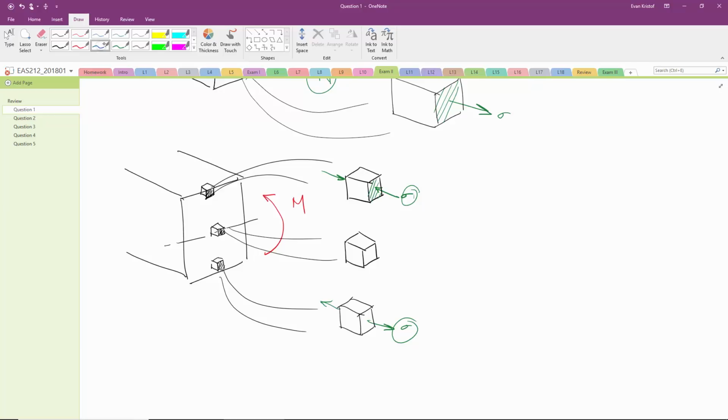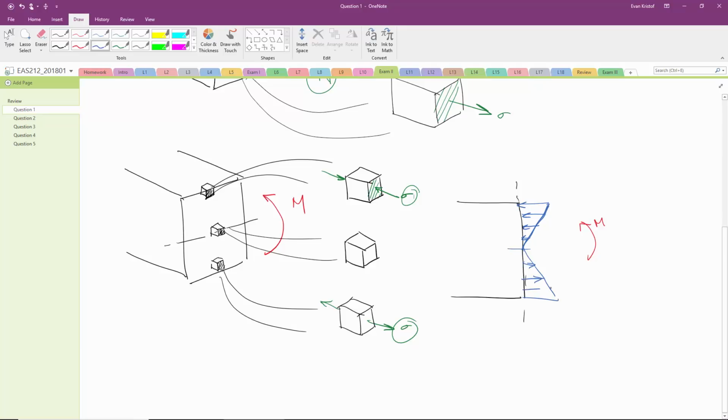cross section. Another way that we do this is that if I were to look at the side of this beam, if this is my cross section right here, and I've got a moment applied to it this way, we often show the variation of stresses just with a two-dimensional plot like this, where I have all compressive stresses at the top linearly varying down to the neutral axis, which is right here.